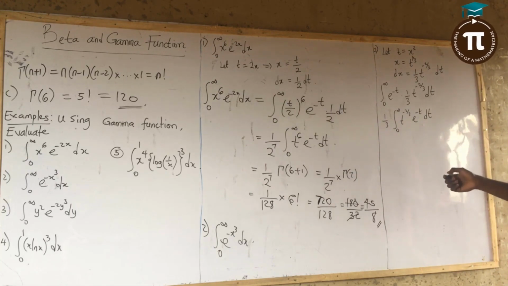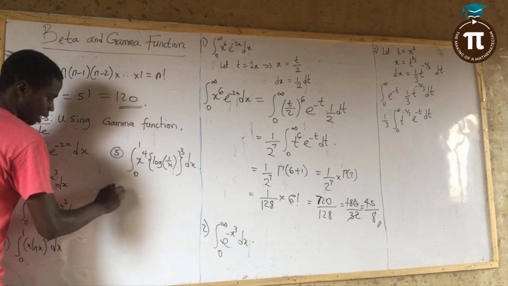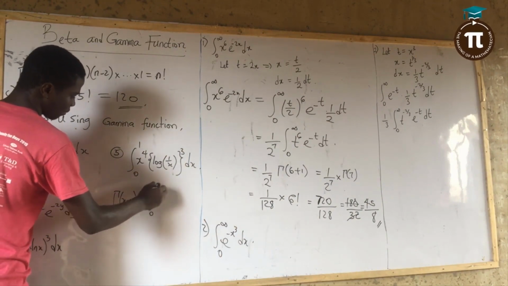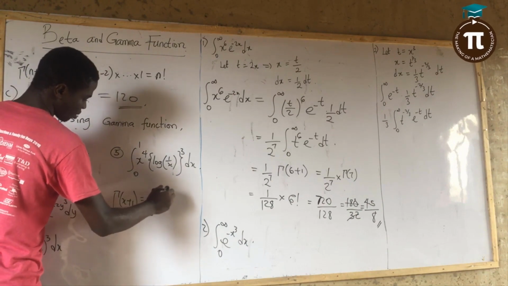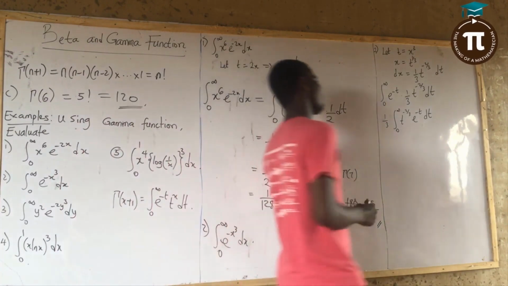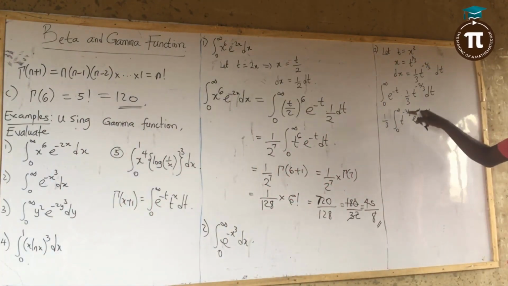Don't forget the gamma function. Maybe I need to write it out so that you can see that gamma of s plus 1 is equal to the integral from 0 to infinity of e raised to power minus t times t raised to power s dt. So this is e raised to power minus t, and this is the t raised to power s. s is minus 2 over 3.